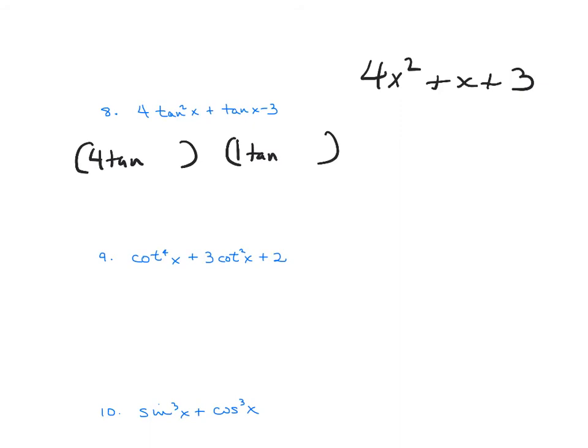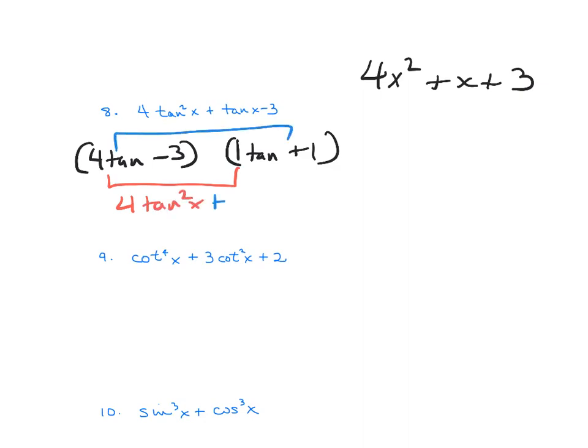And then my factors of 3, to make a negative 3, I put negative 3, positive 1. So if I FOIL this, one way you can do this if you're going to guess and test is you have to FOIL it and check it. Let's check. So if I do first, I get the 4 tangent squared x.